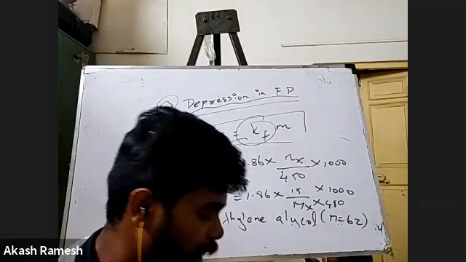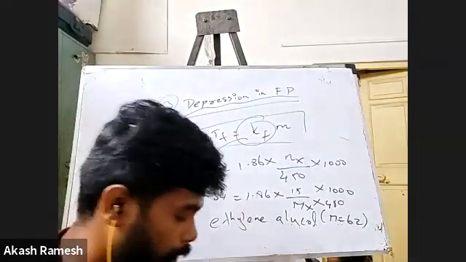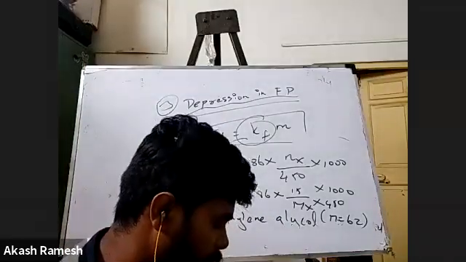And obviously KF for water is the same as we used last time, 1.86. KF for water is 1.86 Kelvin kg per mole.